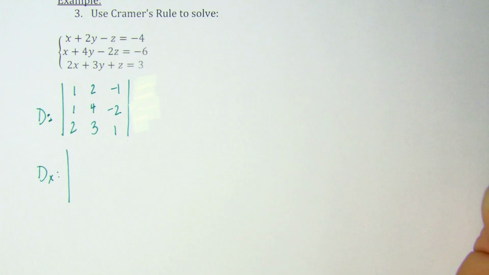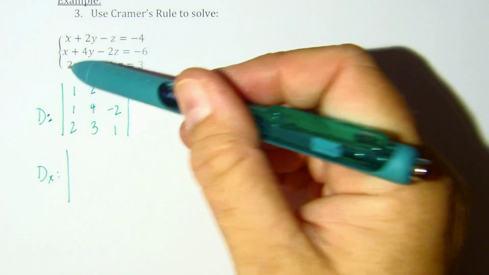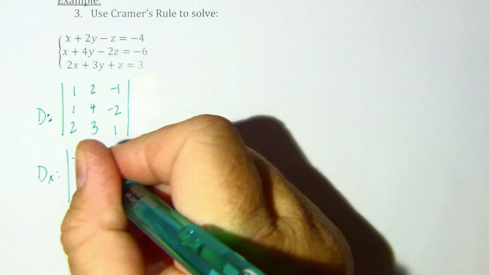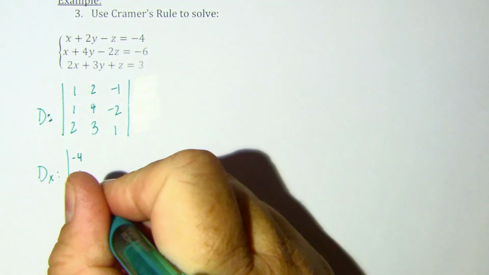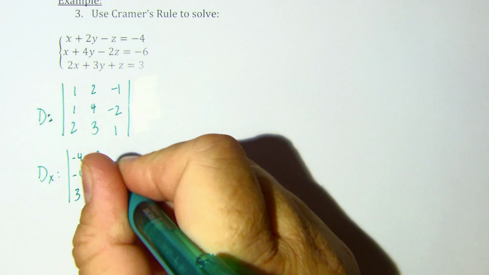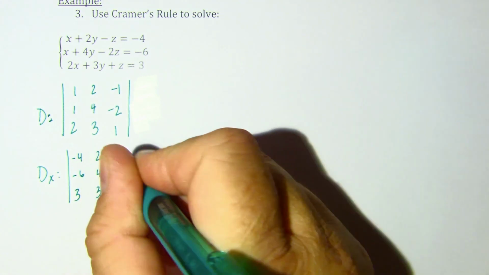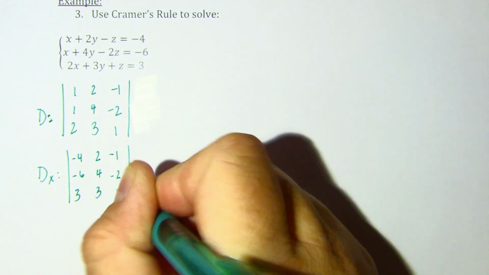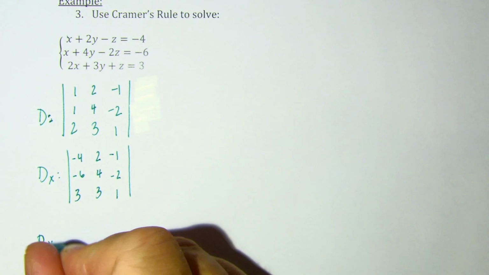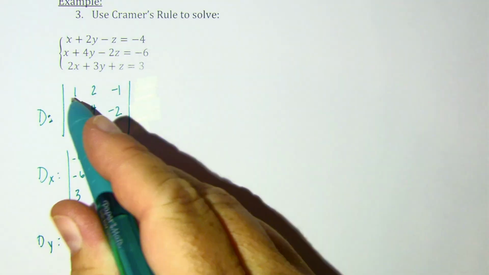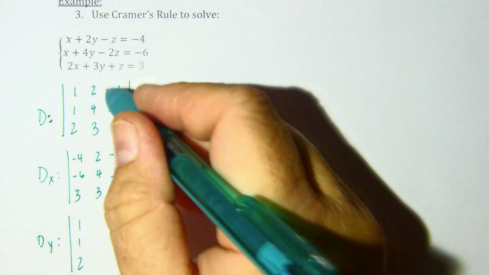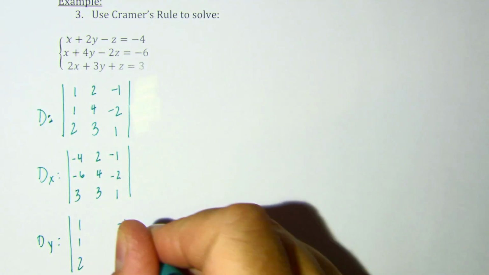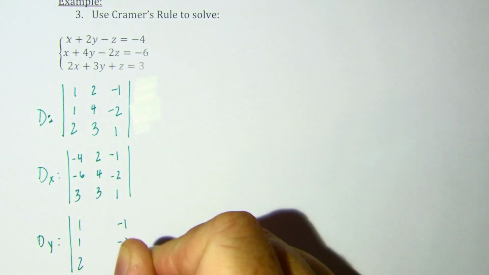dx is replacing the x's with those numbers on the end, -4, -6, and 3. And then it's 2, 4, 3, -1, -2, 1. dy, x's stay the same, 1, 1, 2. z's stay the same, -1, -2, 1.